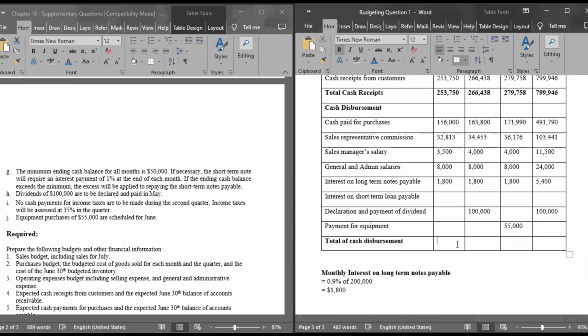First of all, make the total of April, from cash paid for purchases till the end. That is 202,113.